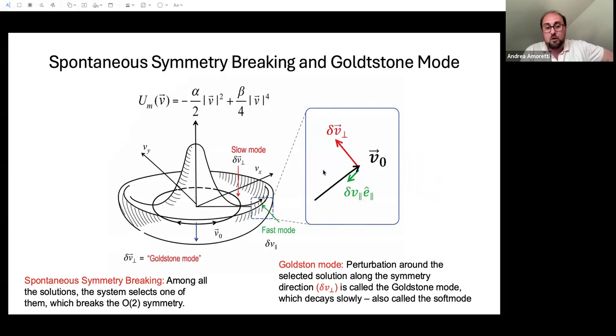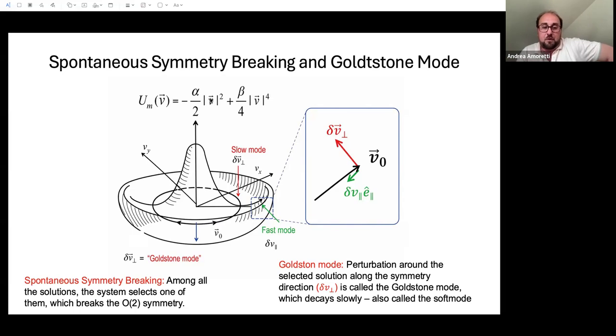Indeed, what they do is say, okay, you have some sort of spontaneous symmetry breaking, because you choose a modulus. Then the fluctuation along the velocity direction becomes massive because of the potential U, and the fluctuation orthogonal to it is what you call the slow mode, your Goldstone boson.